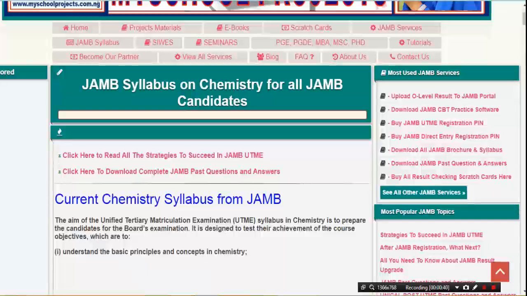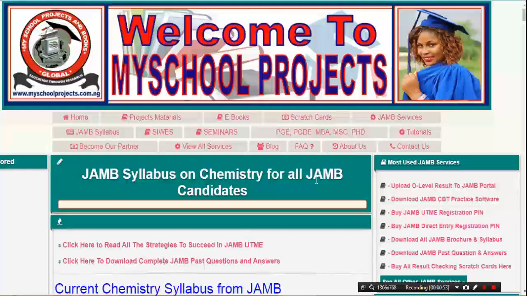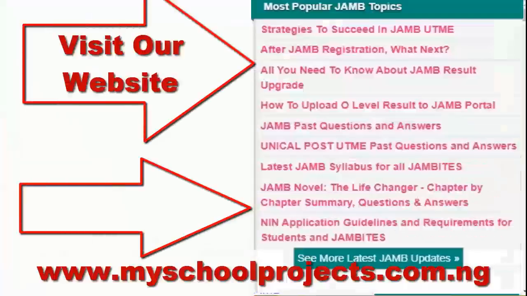JAMB has provided a syllabus, otherwise known as area of concentration, so that you will know where to focus and where to concentrate in your JAMB, so that you won't spend time reading voluminous content that will not come out in the examination. So on our own side, we have taken our time to provide this syllabus on our website myschoolprojects.com.ng for candidates to use and study for their JAMB.